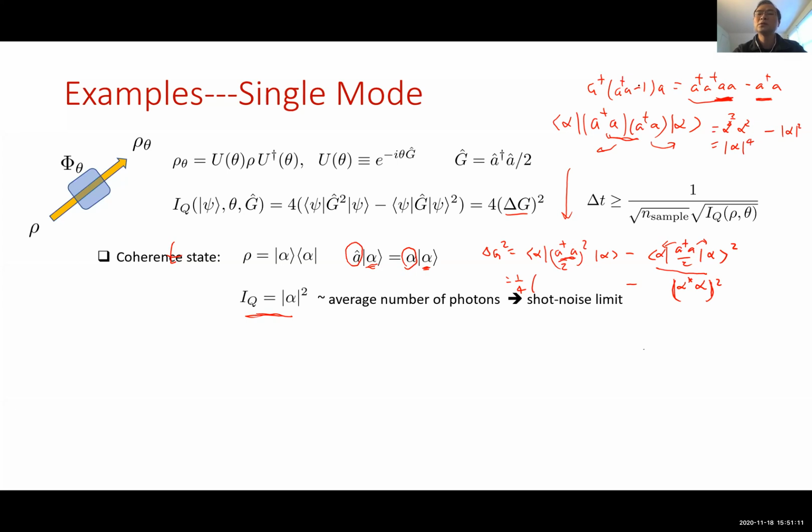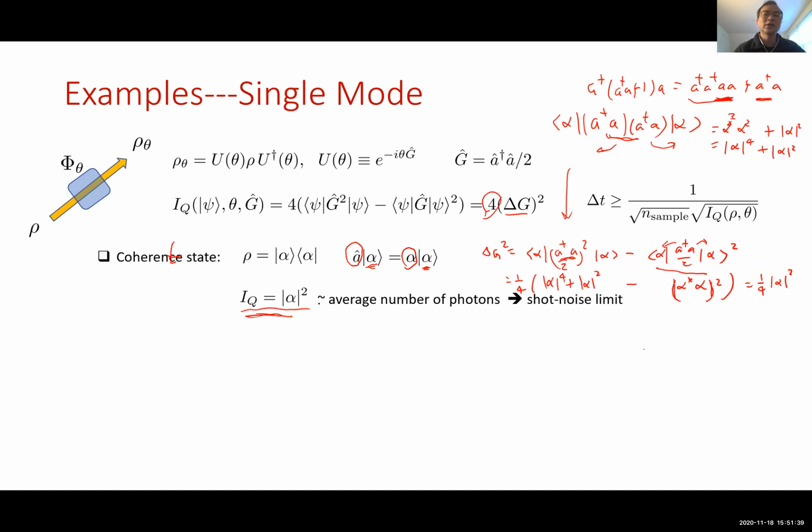I think this is plus, okay? Plus alpha squared. So we get the absolute value of alpha to the 4th power plus to the 2nd power. So we're left with 1 over 4 alpha squared, and the factor of 4 here cancels that.